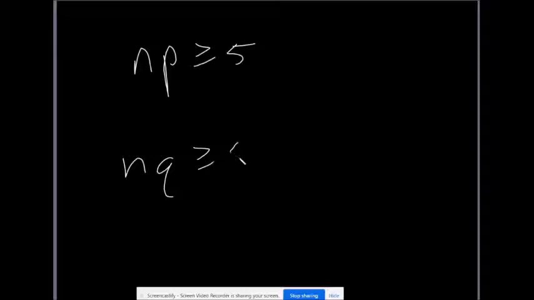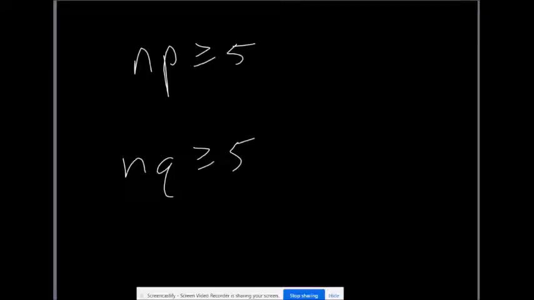So if we want to approximate a binomial distribution like the cards with the normal distribution, one thing we have to check is whether it is approximately normal. And how we do that is we test to see if n times p, the number of trials times the probability, is greater than or equal to 5. And then we also test whether the number of trials times the probability of failure is also greater than or equal to 5.